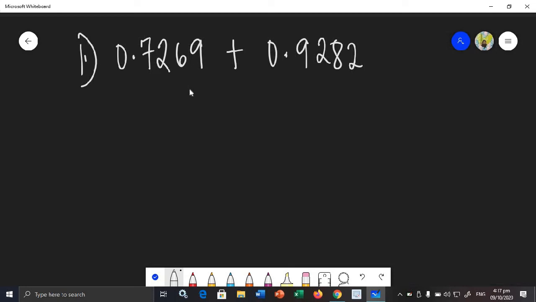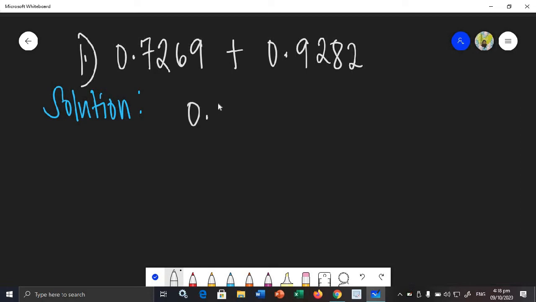So we cannot add decimals in this form easily. Kaya kailangan yung solution natin, we are going to rewrite this in vertical form. Okay? Sulat natin siya patayo. And then make sure na the numbers that has the same place value or position is opposite with each other or tapat-tapat dapat siya, no?